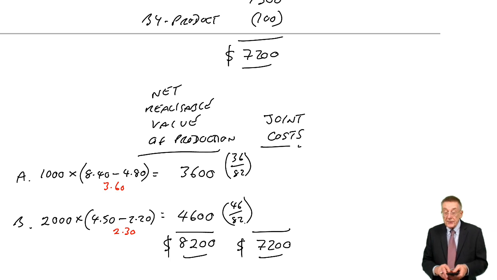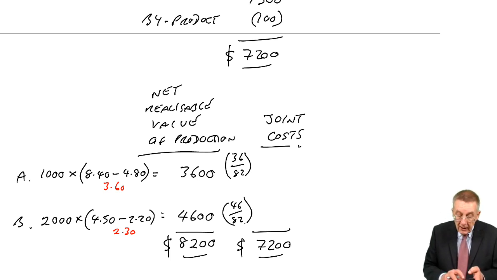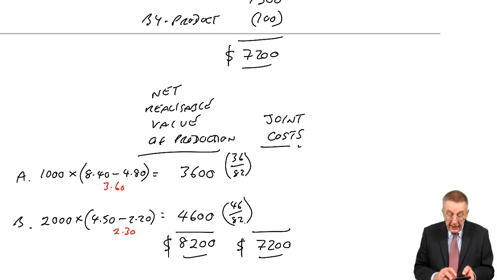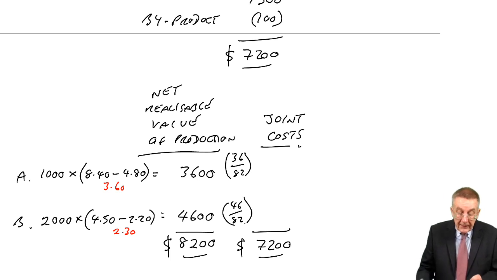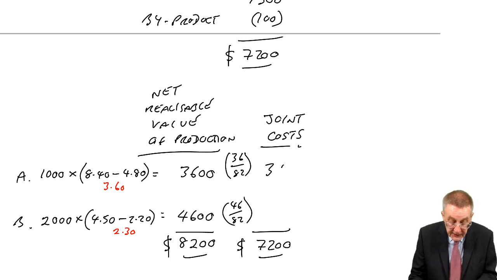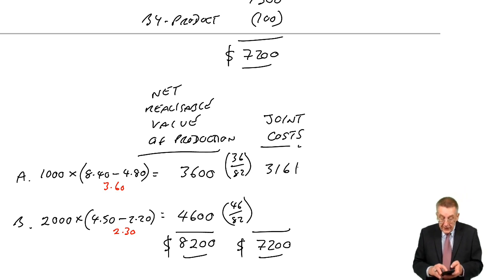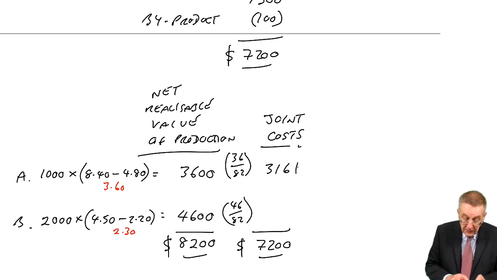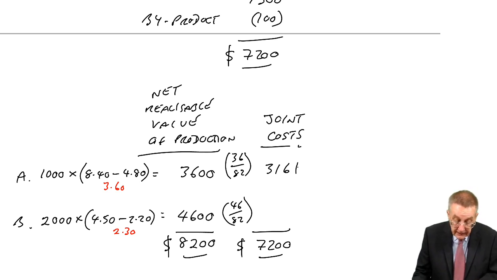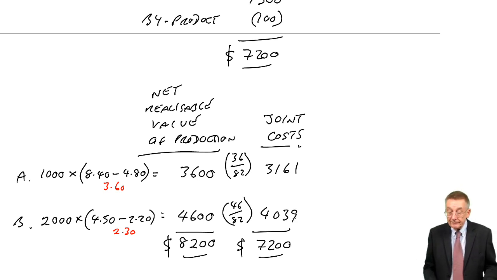So those proportions of 7,200: 36 divided by 82 times 7,200. I'm going to keep this to the nearest dollar. 46 out of 82 times 7,200. 4,039.